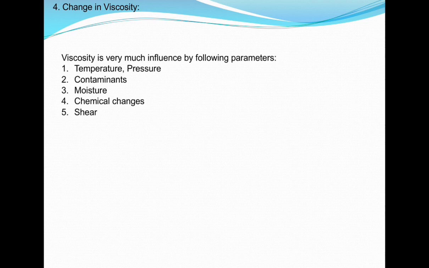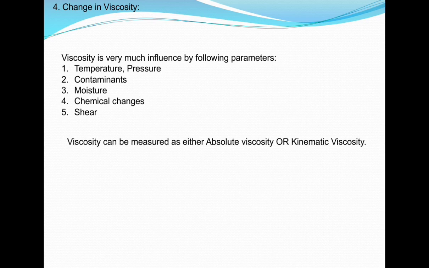And basically you should know there are parameters which influence the viscosity a lot, like temperature, pressure, degree of contamination, the degree of moisture, the chemical changes in the oil and the shear. So as I said, we'll see the types of viscosity and how it is measured.